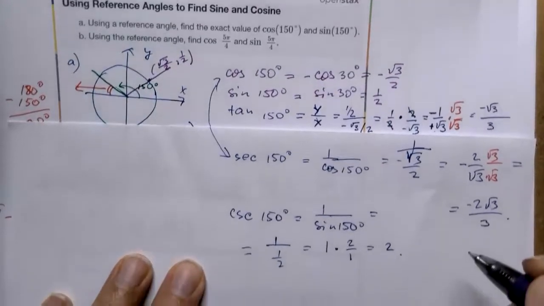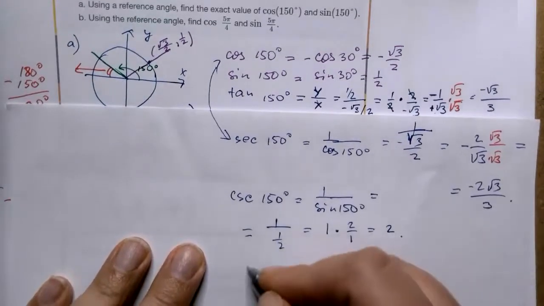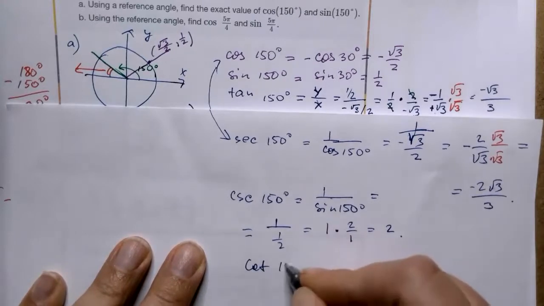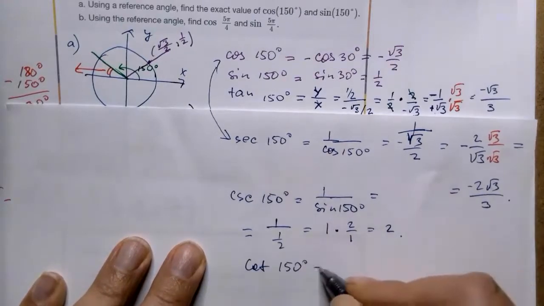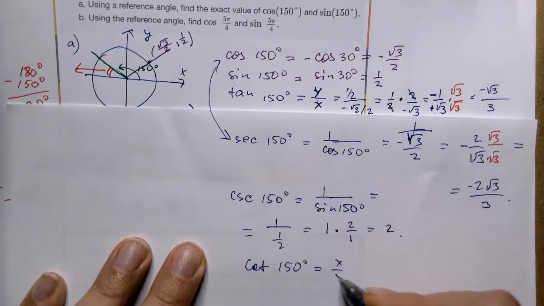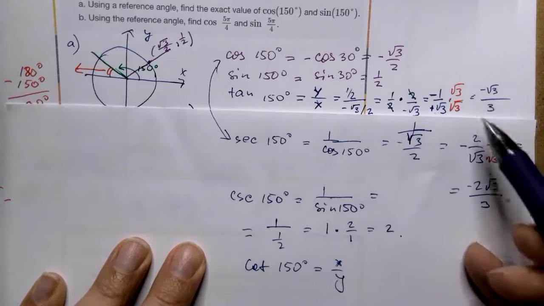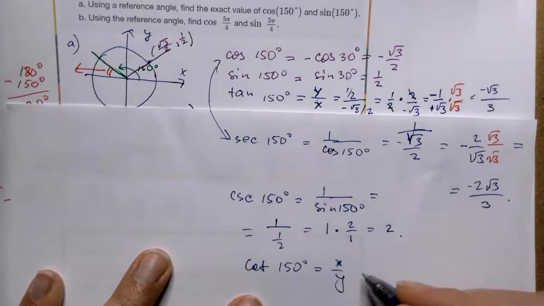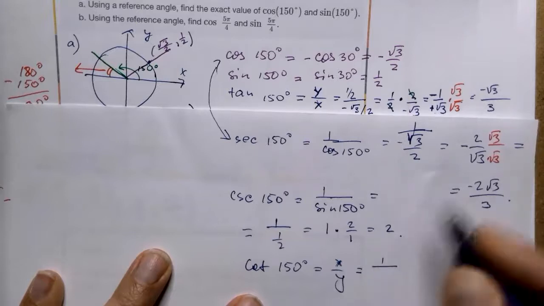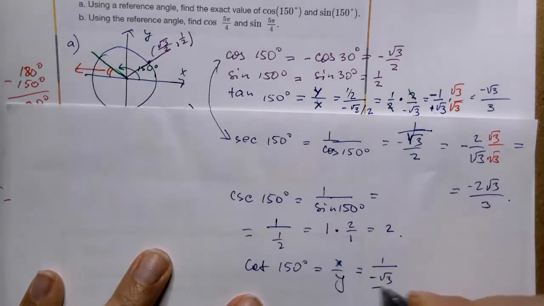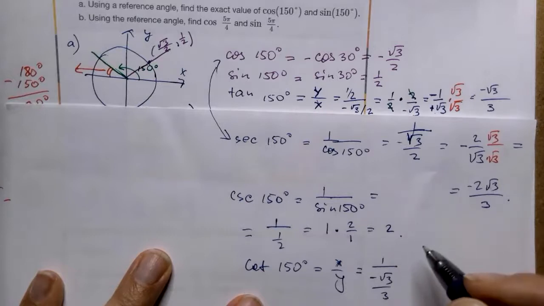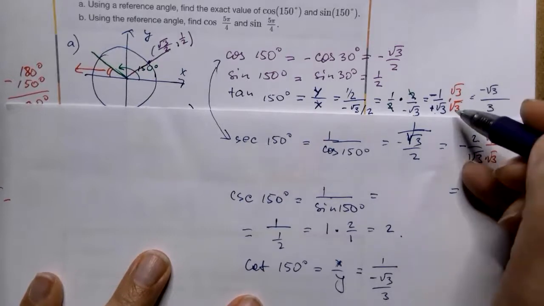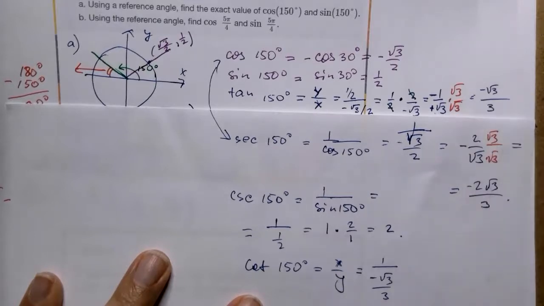That's the cosecant. Now, what about cotangent? Again, it's a flip. It's x over y, and it's just a flip of what we have for the tangent. So for the tangent, we had 1 over negative root of 3 over 3. And actually, what I'm gonna do, okay, I will hold this thought for later.